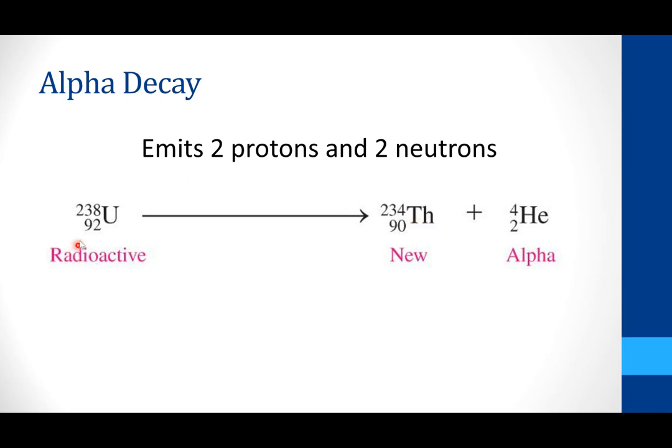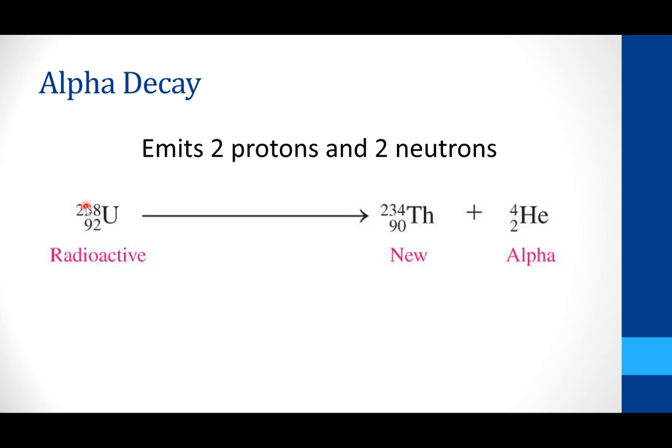When we write this equation out like this, it has to be balanced. What do I mean by balanced? The number of protons on the left-hand side has to equal the number of protons on the right-hand side. So we started with 92 protons. We have to end with 92. Here's 90 plus 2, so 92 on this side as well.